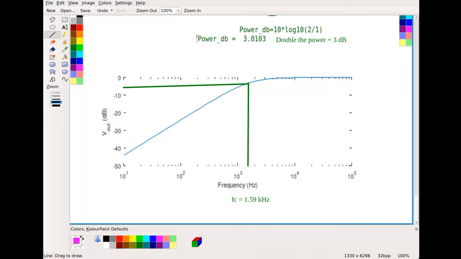And so what you do is you find this cutoff frequency, you mark that point right there, and then you draw a straight line here. And then you draw this other line, which is dropping off at -20 dB per decade. And this is your Bode plot.